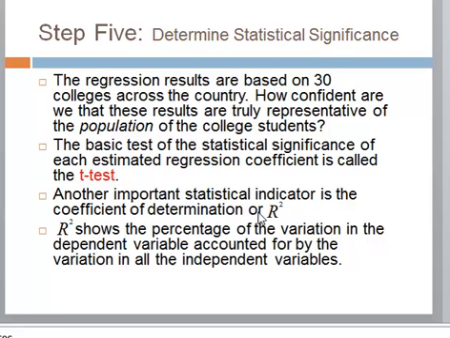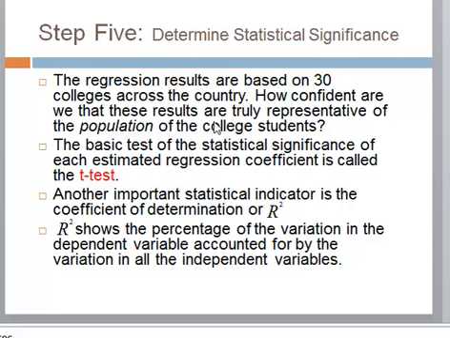We also found out, through the elasticity, whether the quantity demanded of pizza responded to changes in the price of pizza, changes in tuition, and changes in related products. Those regression results are based on 30 colleges across the country.